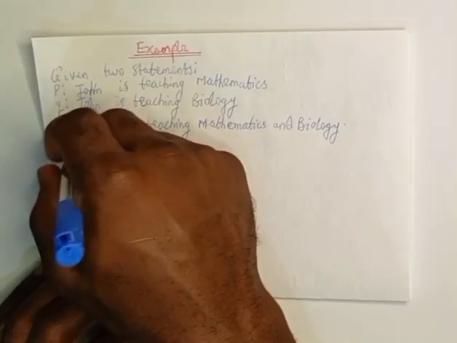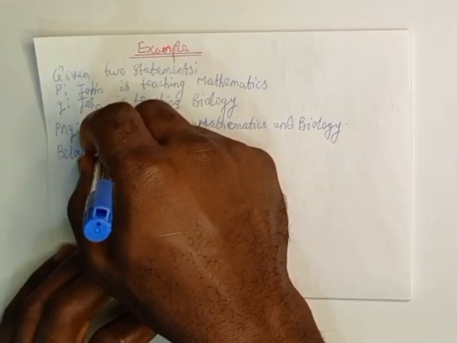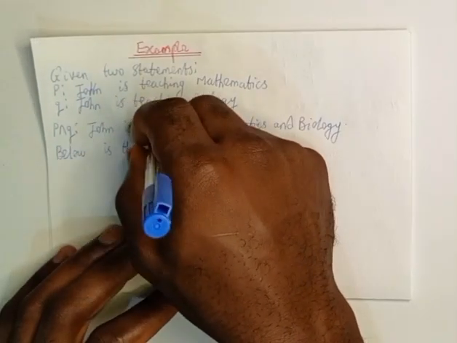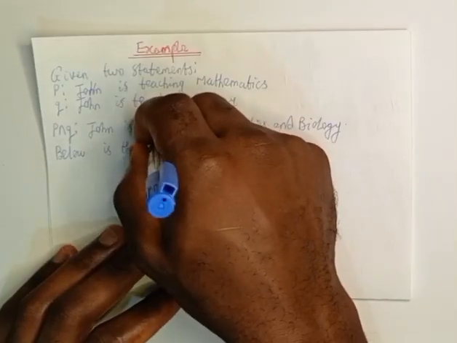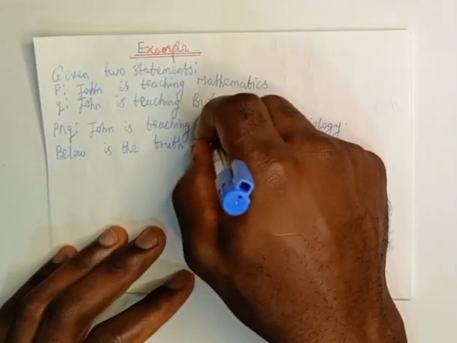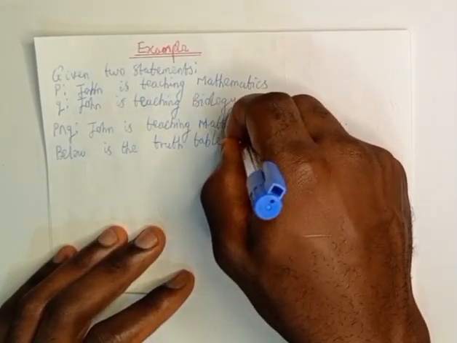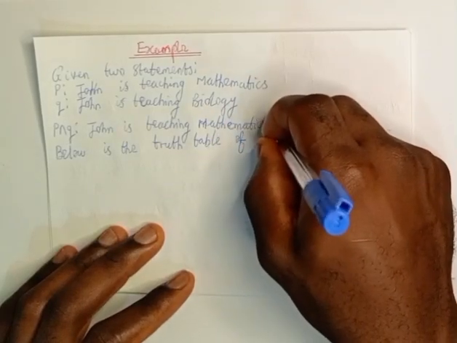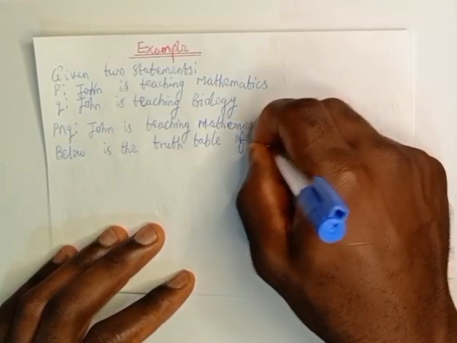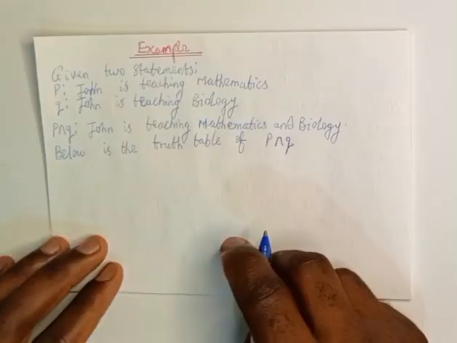Below is the truth table of P and Q. Let's draw the truth table.